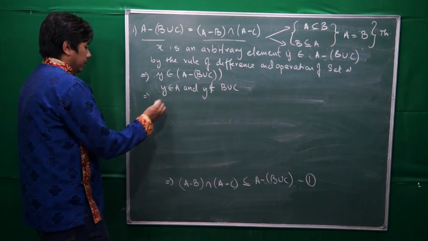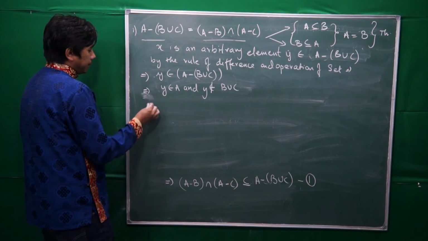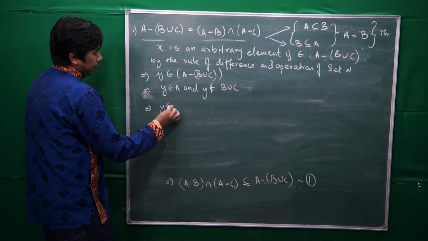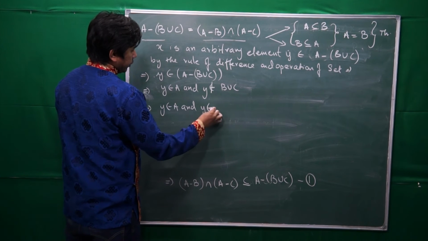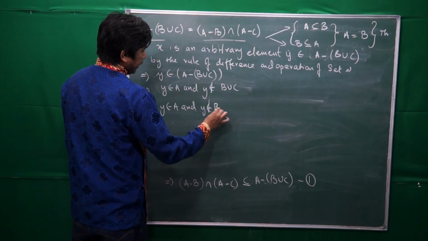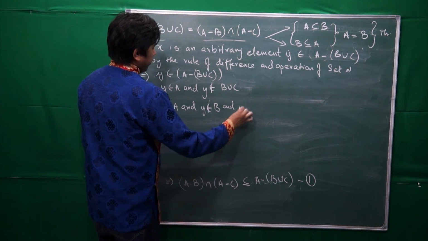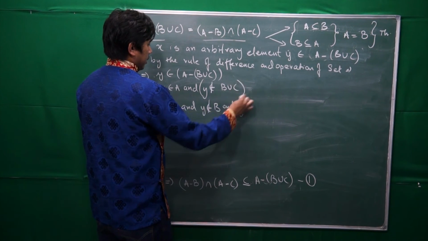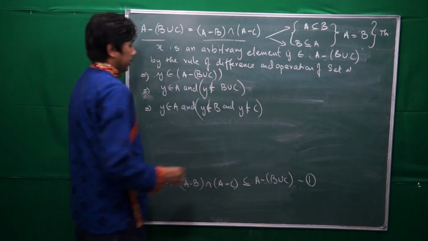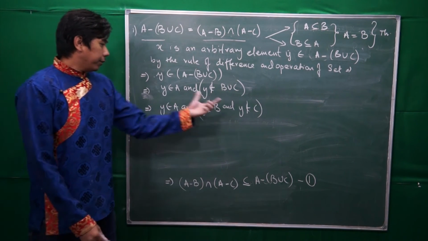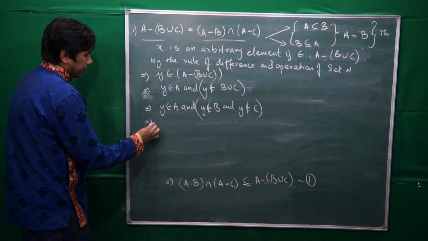Again, the same thing happens here. Y belongs to A and Y does not belong to B and Y does not belong to C. Now if you open the brackets, what will we get?